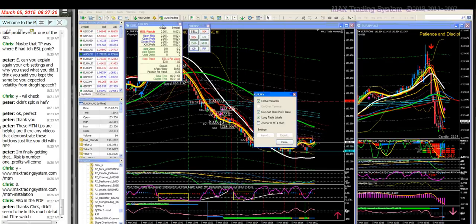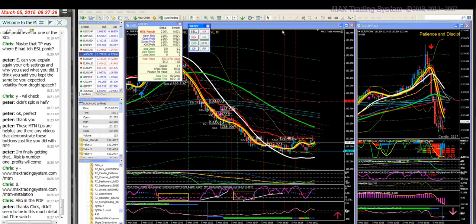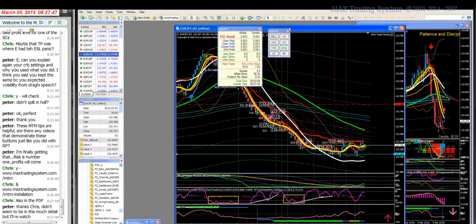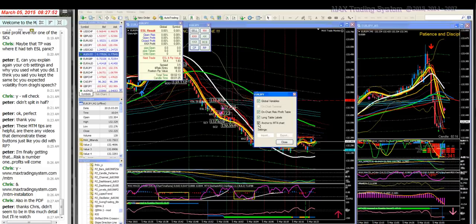For example, if I click on anchor to MTM chart here and I close, whenever I move the chart, the panels will follow because they are anchored to the chart. Okay? So that's very easy. And the RP resets all the variables.